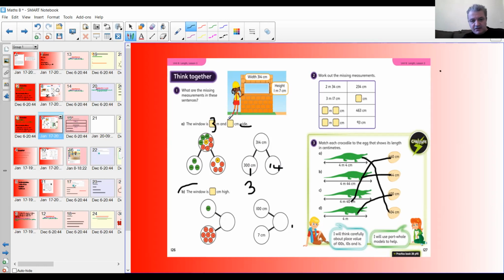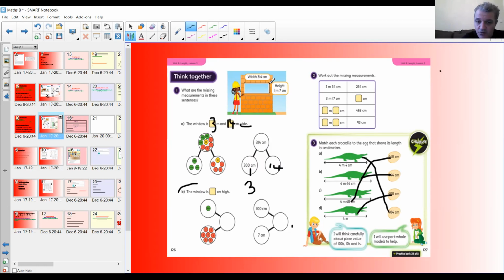And my centimeter width, I've got to put that in as well. So instead of 314 centimeters, how I've described the width of the window, or how wide it is, is 3 meters and 14 centimeters. Thumbs up? Yep. Fantastic.